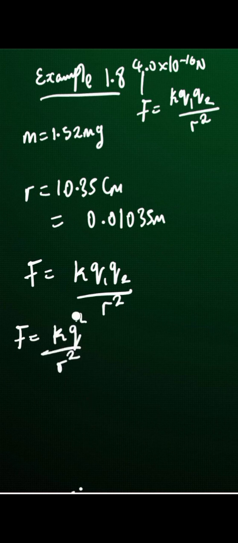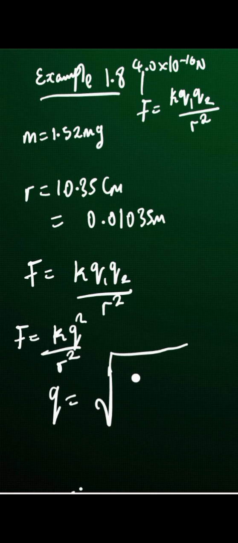So what are we looking for? Our Q. So making Q the subject of the formula, Q becomes the root of F r square all over k. Are we getting it now? If this is true, then we substitute.